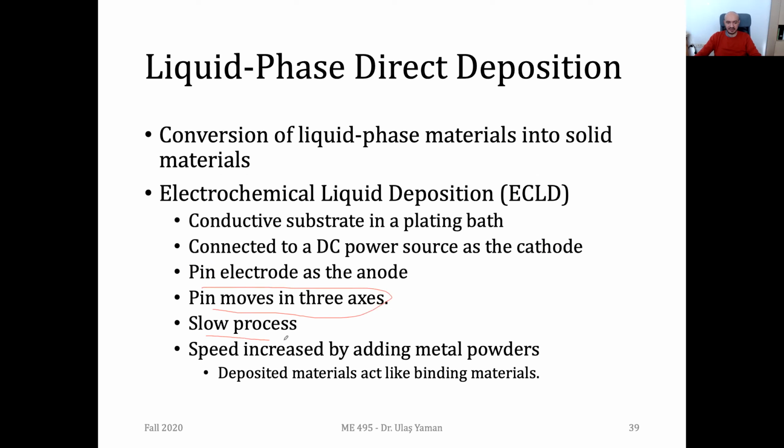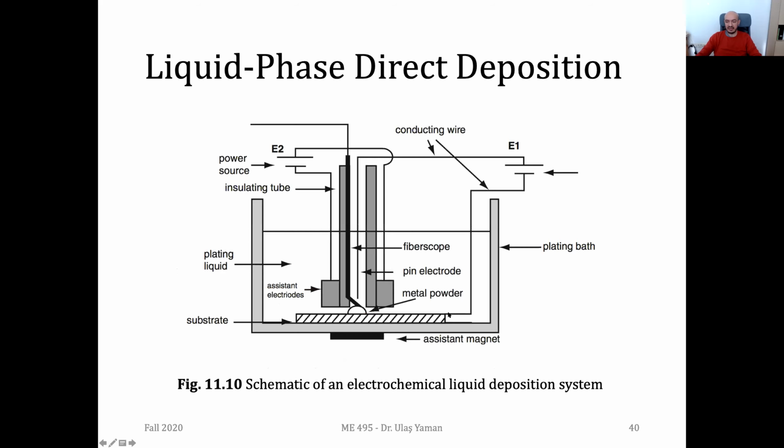It's obviously a slow process. You can increase the speed of it by having some extra powders around. With the help of it, the deposition rate might be increased. But the rest is not complicated. Any questions, guys, about this liquid phase direct deposition?